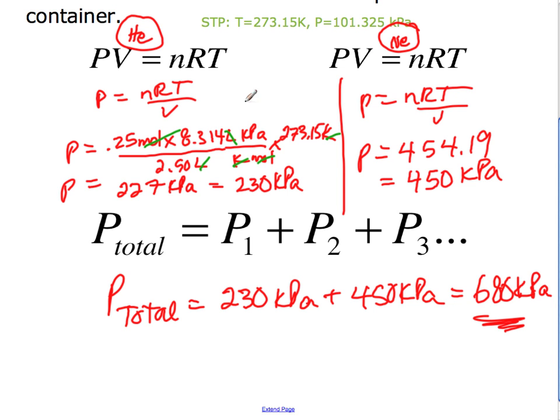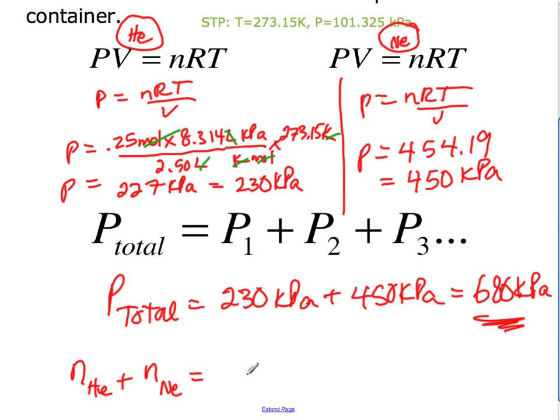Okay. Now another way I could have done that is, since they're both at the same temperature and the same volume, I could have really just added the moles together. So I could have added the moles of helium plus the moles of neon.